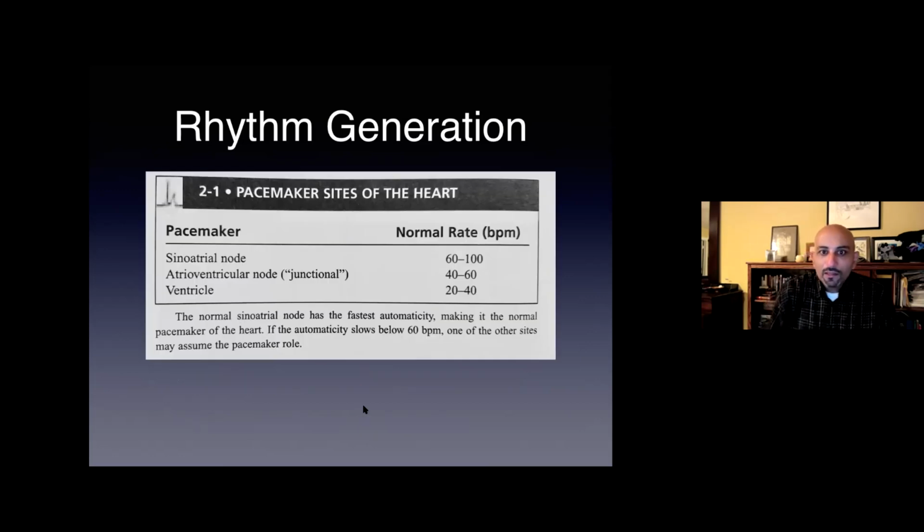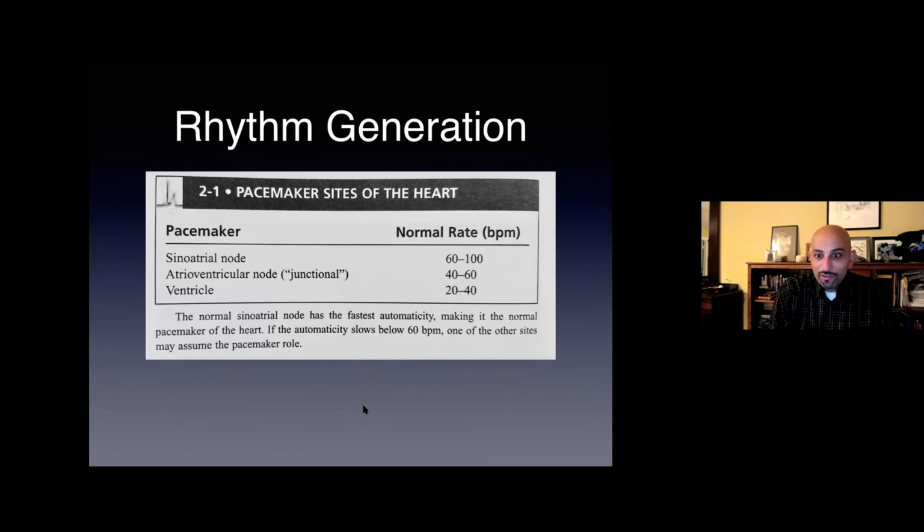So the sinoatrial node, the SA node that we talked about, has a normal rate at which it sets off an impulse, and that rate in an adult who's healthy is usually somewhere between 60 and 100 beats a minute. Now, what you may not know is that the AV node has a rate of its own, and that's usually somewhere between 40 and 60 beats a minute.